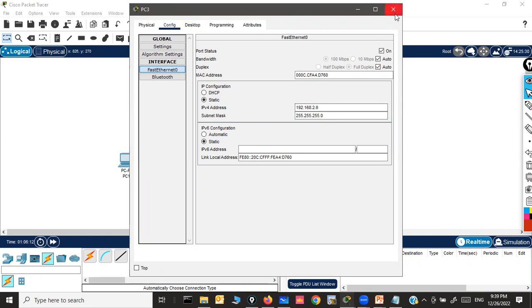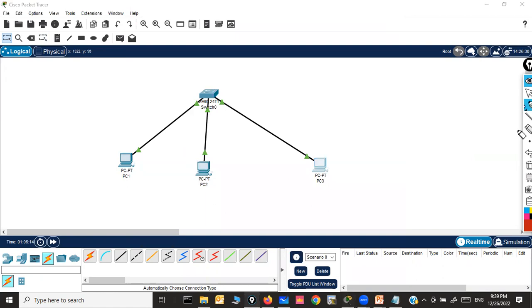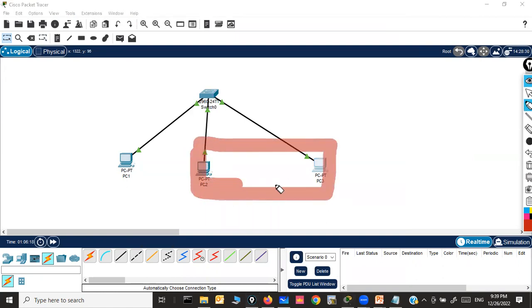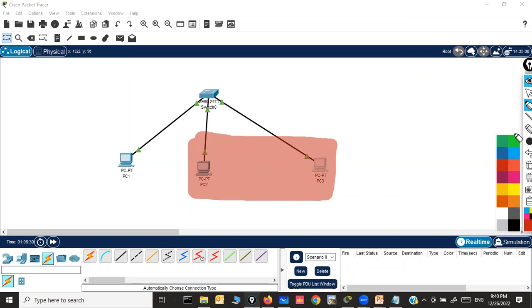So what I did, basically, there are two networks now, right? They both are in one network. They will communicate with each other without any gateway, without routing. And this machine is completely isolated. It's a separate network.